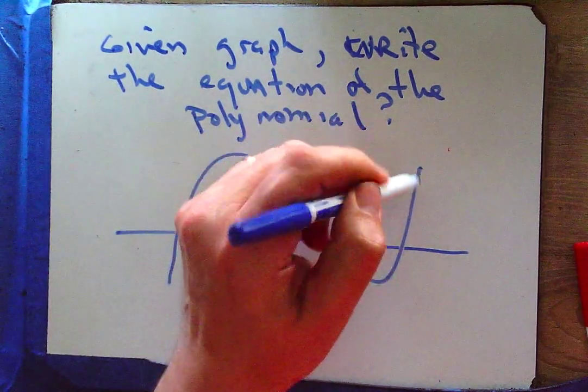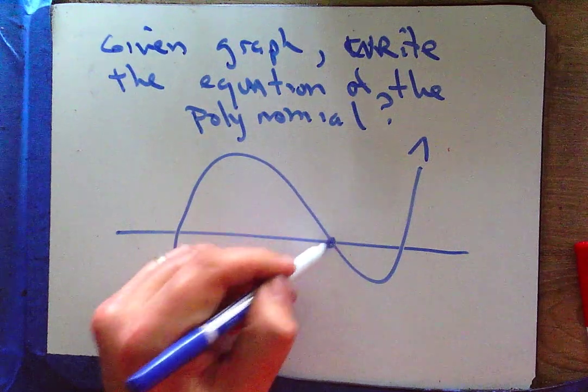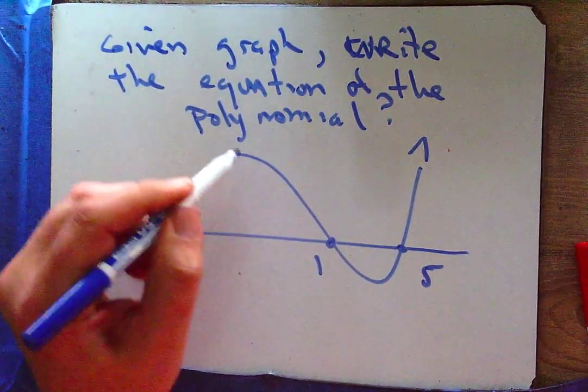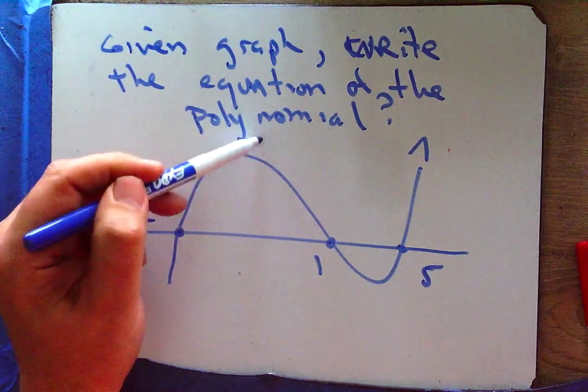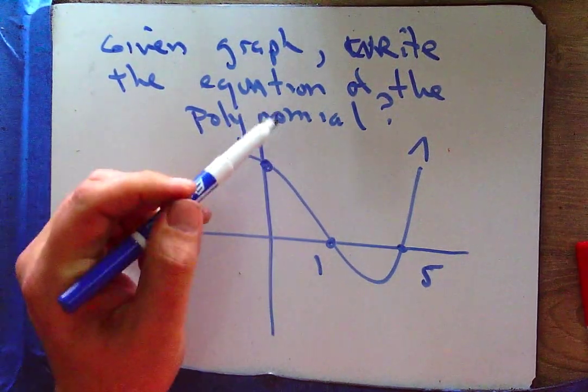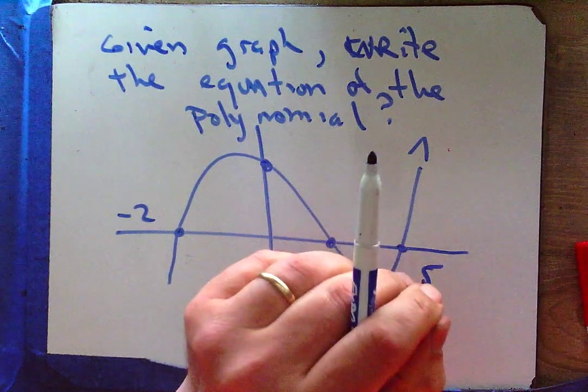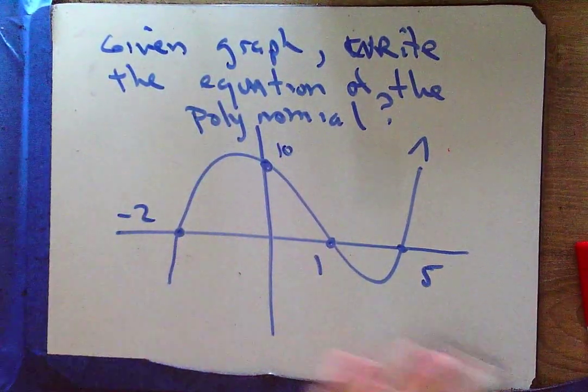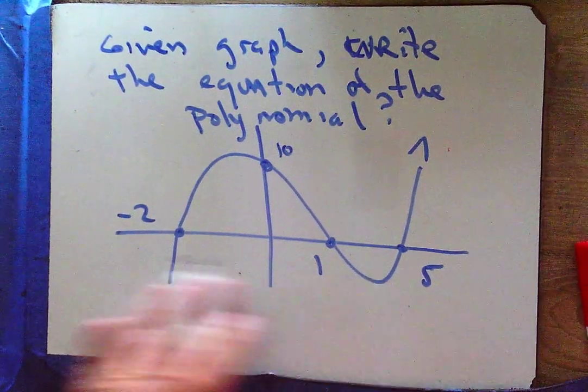Here's my graph. This is 1, this is 5, this is negative 2, and I have a y-intercept located at 10. Okay. So how do we go about writing the equation of this?